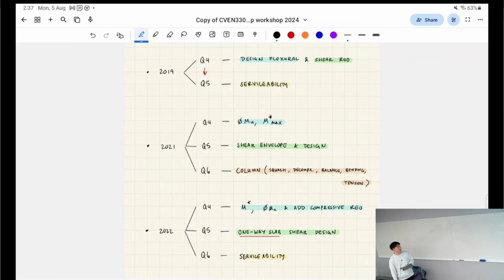Okay, all right. So hopefully you've had a good chance to read this. I'm just going to do this based on a majority vote system. Chuck your hand up if you want to do a flexural question. Okay, chuck your hand down. Chuck your hand up if you want to do a shear question.